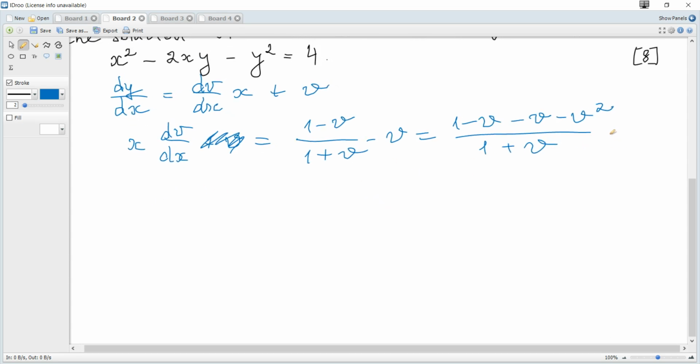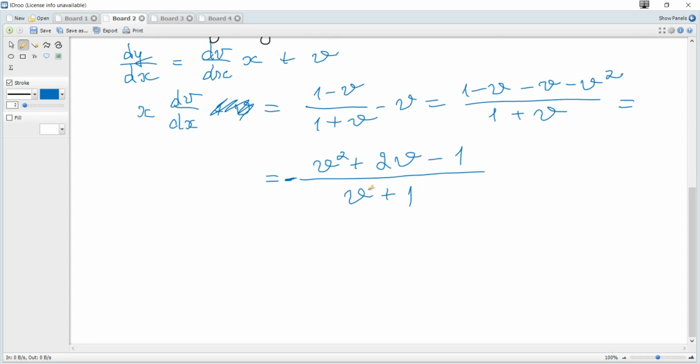And it becomes what? Let's factor out minus, so it becomes minus v squared minus 2v, but minus is here, so it's plus 2v and plus 1, so minus 1 over v plus 1.